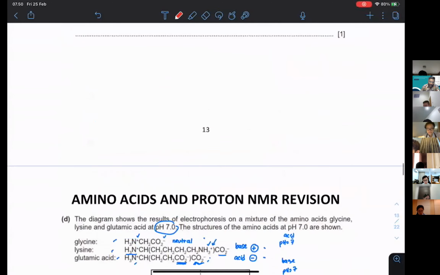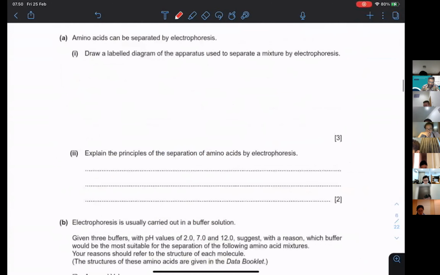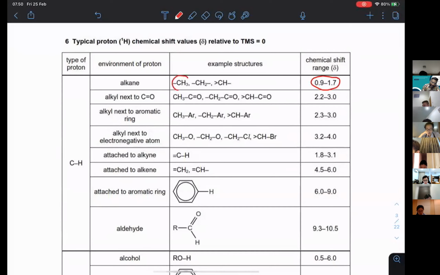You can go and check 1.26, that is what we are going to look for. You see here it comes within this range, which is CH3. That is a confirmation that we are correct. So 1.26 is CH3, because 9 means three CH3 groups.